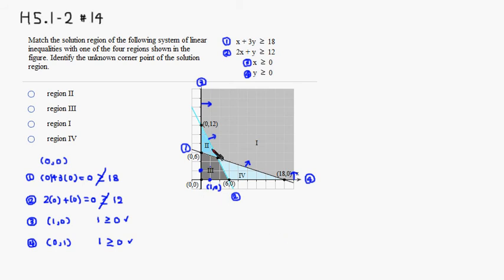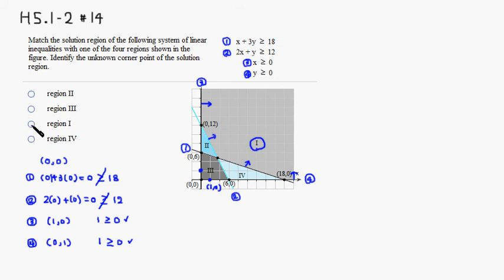Then you can combine: it has to be to the right of the y-axis, the upper side of this one, above that line and above the x-axis. So the answer is region I.